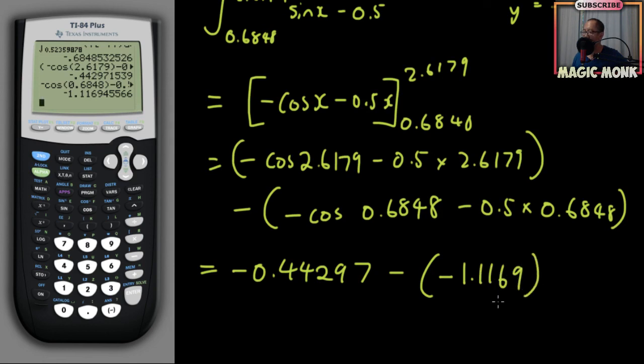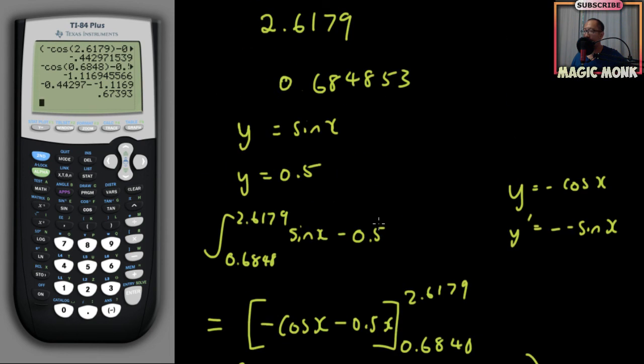If I put all that into the calculator, negative 0.44297 minus negative 1.1169, then I'll get 0.673.